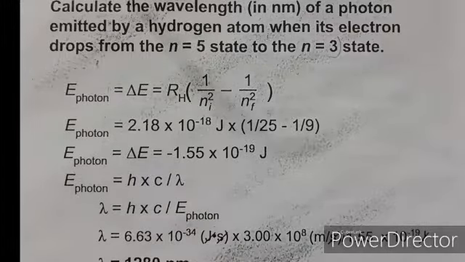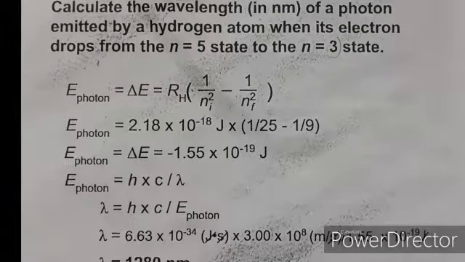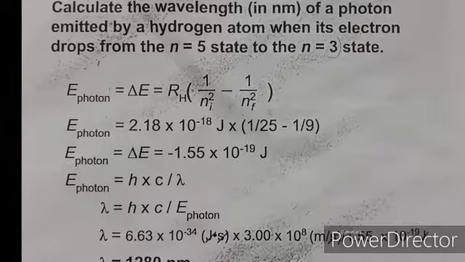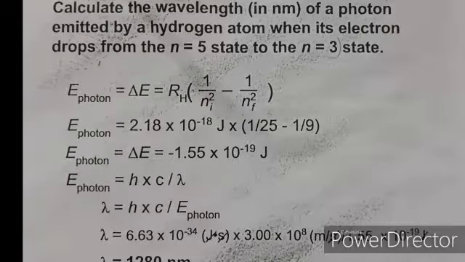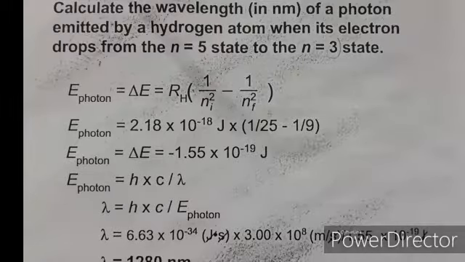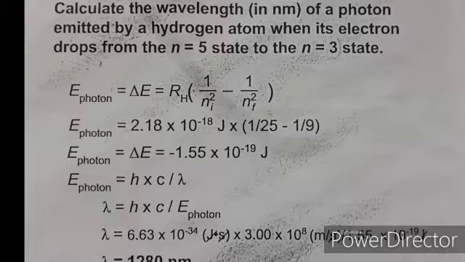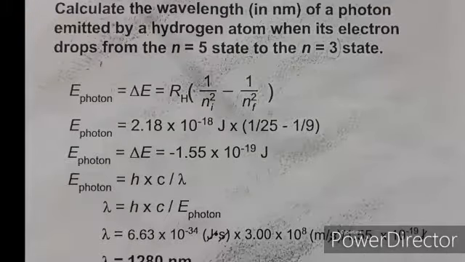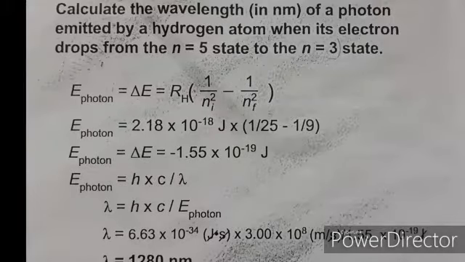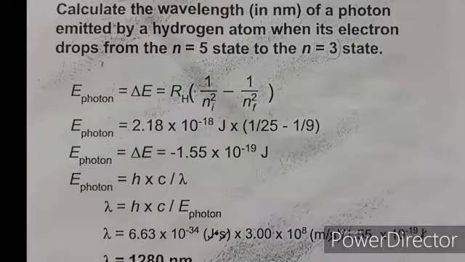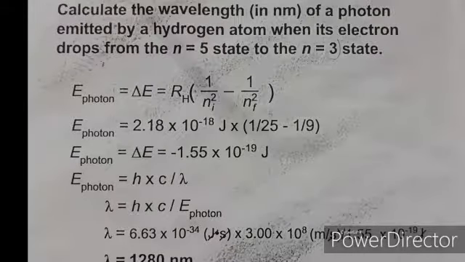After that, you need to use the formula h multiplied by c over lambda. h refers to Planck constant, c refers to the speed of light, but we must find lambda. So the equation we must use is lambda equals h multiplied by c over E. E means the E photon that we found earlier.